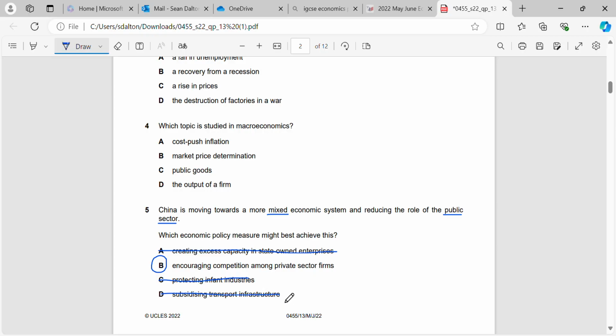And subsidizing transport infrastructure might be, for example, if there's a lot of pollution that's generated from cars, and they want to get more people using public transport, or if they want to make productivity increase in the future, make firms and businesses be able to transport their goods quicker.